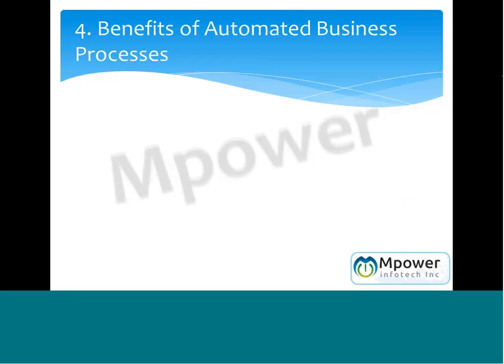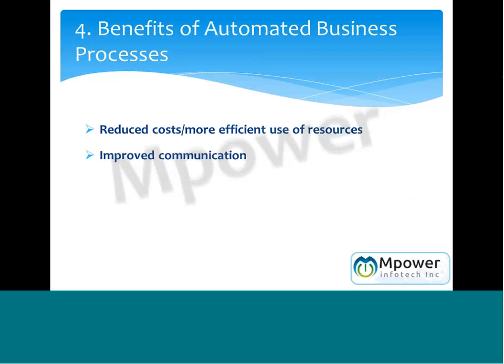All right. Now, coming to the benefits of automated process. Now, we're trying to automate this business process. What is the benefit? Obviously, you have reduced cost and more effective and efficient use of resources. Improved communication. I think the simple example that I could take was about the credit card application process, right?